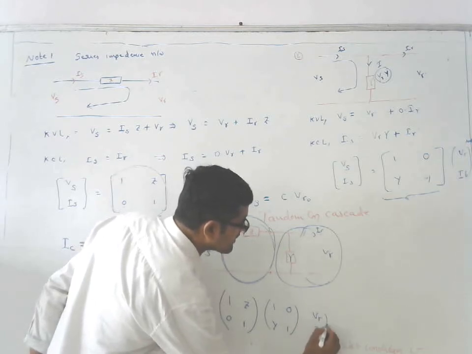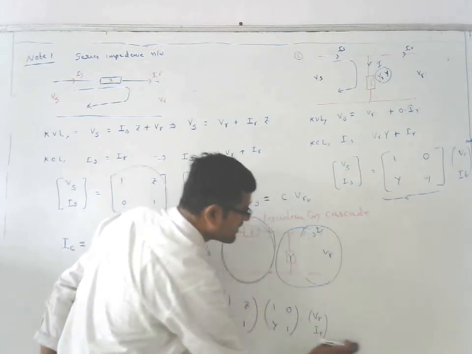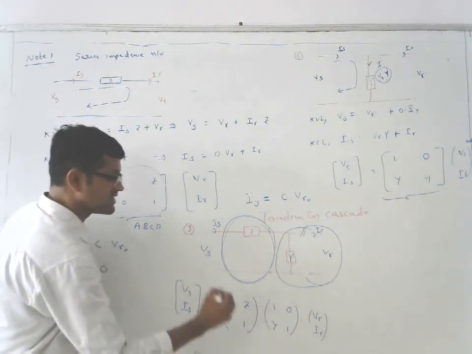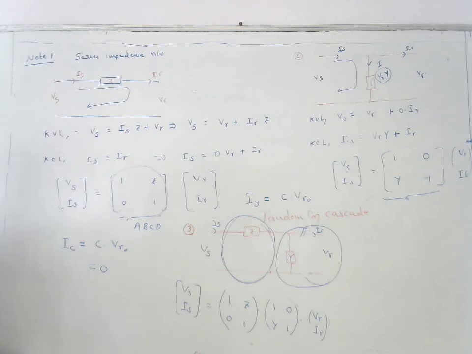Now, if you multiply these two, you can get the ABCD parameters for one series impedance and one shunt admittance connected in cascade.